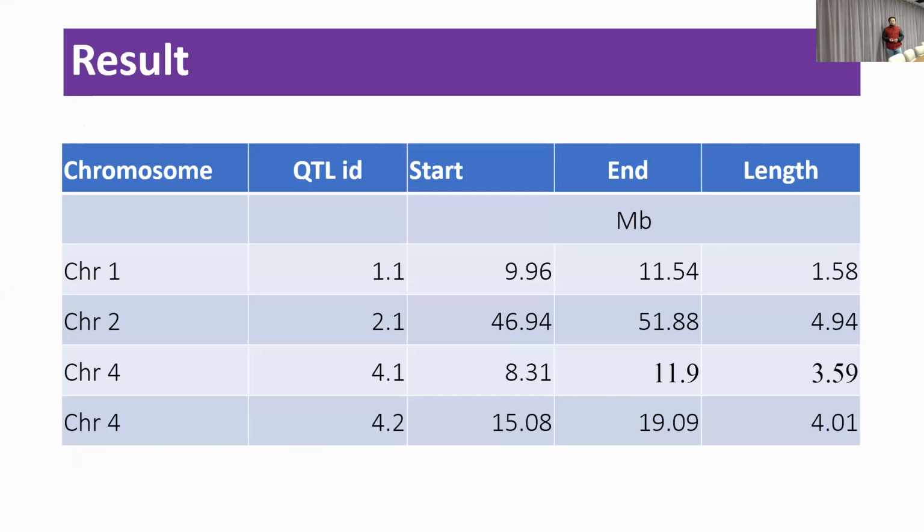And in chromosome 2, the QTL was located in the region of 46.94 to 51.88. And in chromosome 4, we found 2 QTLs. The first QTL was located in the region between 8.31 to 11.9 MB, and the second in chromosome 4 was located between 15 to 20 MB. So these are the 4 novel QTLs that we found in our research.